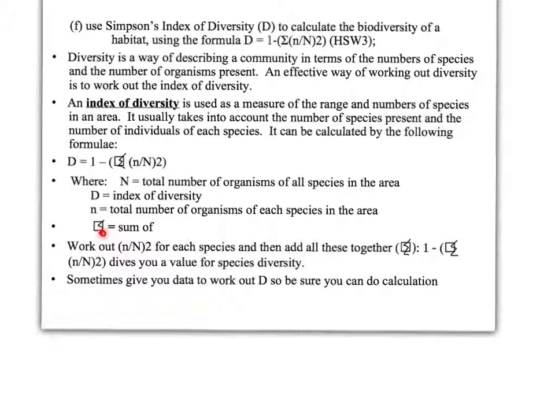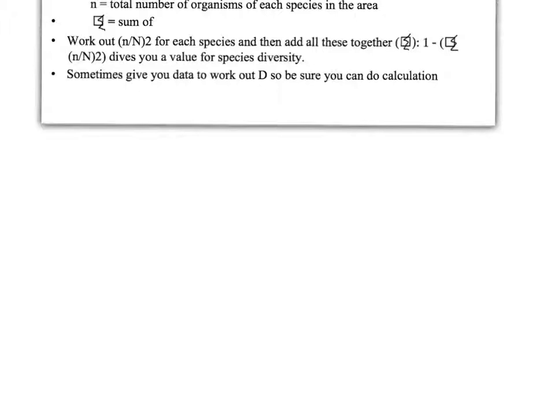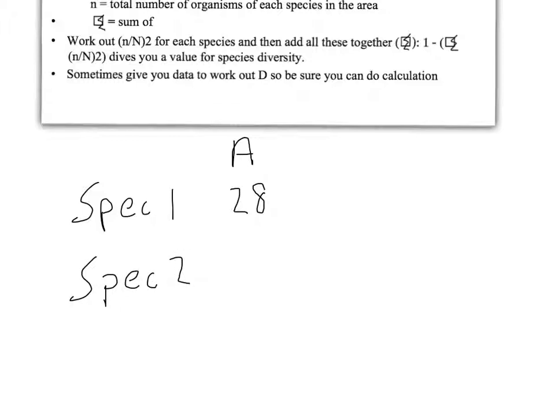If we go back to my original two habitats, habitats A and B, that we had on the previous slide, species 1 in habitat A had 28, and species 2 had 2, whereas in habitat B, remember from the last slide, we had 15 and 15.